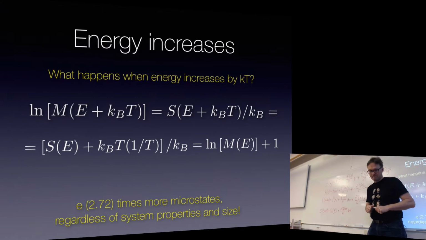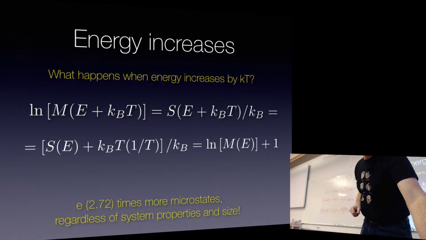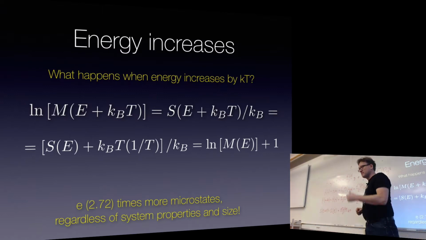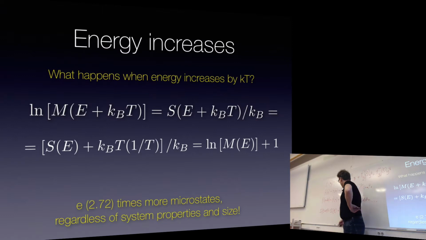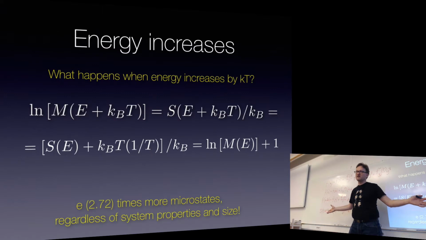Yep? On the previous slide, the definition of 1 over T was the change in S with regards to E at E. Well, S is a function of a single variable, so there is only one way we can take the derivative of that function.